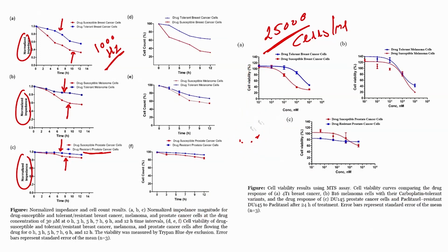So, when we perform this experiment of counting the number of cells after the drug is flown, you see here clearly this is drug tolerant and this is drug susceptible. Drug tolerant and drug susceptible cells reduce as time increases when the drug is flown in the channel.